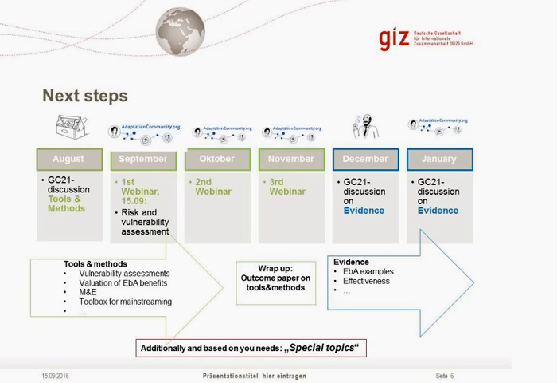Afterwards, we will start a webinar series, also 3 or 4 webinars, addressing the questions on Global Campus 21. If you have any additional topics, special topics, interests, needs, or if you would like to give an input in one of those webinars, feel free to contact me. I will show my email address on the last slides.